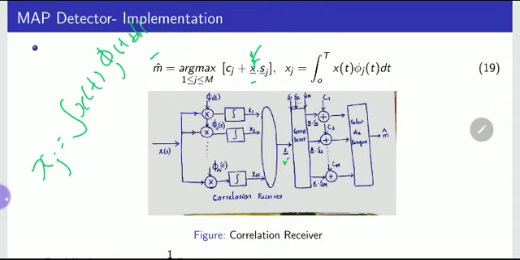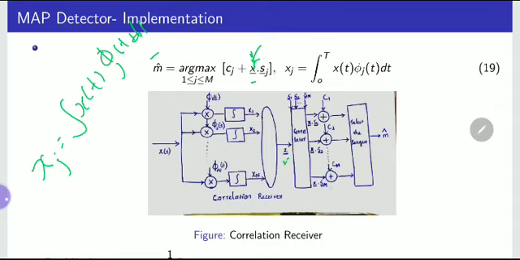We have proved that x dot Sj is equivalent to the integral of x of t Sj of t dt, the cross correlation that we have studied before in the signal space lecture. So this will do that, and we'll get x dot s1, x dot s2 and x dot sm.